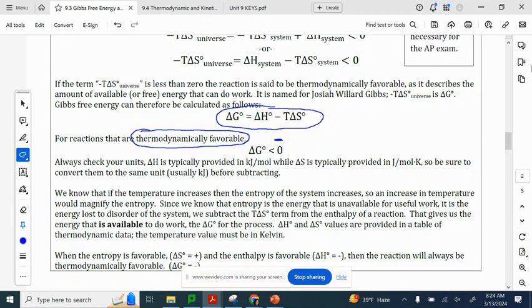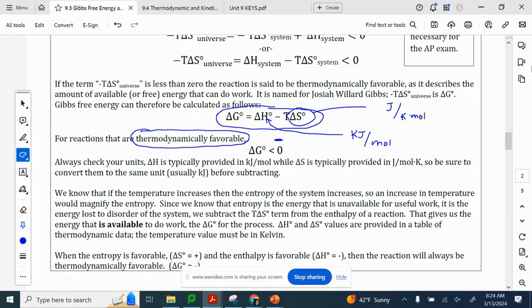One of the things that you need to be very, very careful in is that this is typically given to you in kilojoules per mole. And this guy right here is given to you in joules per Kelvin mole. So you need to convert this value into kilojoules.